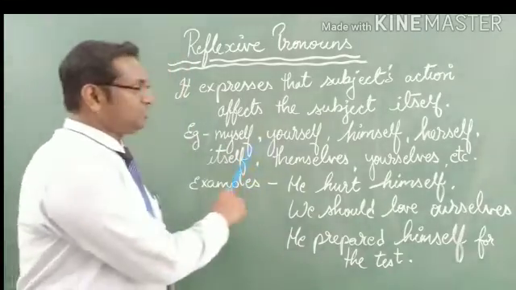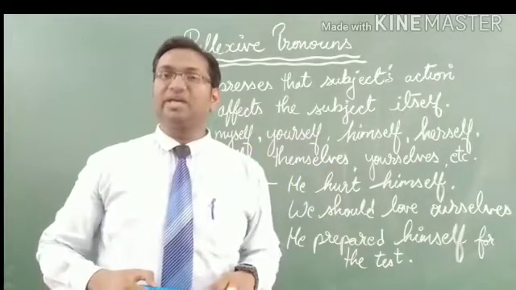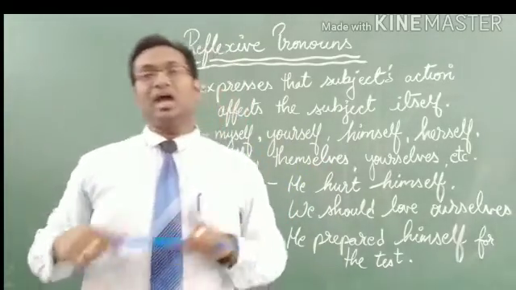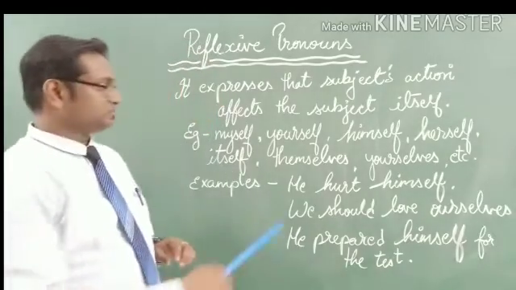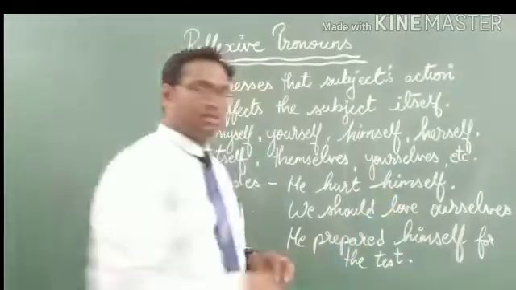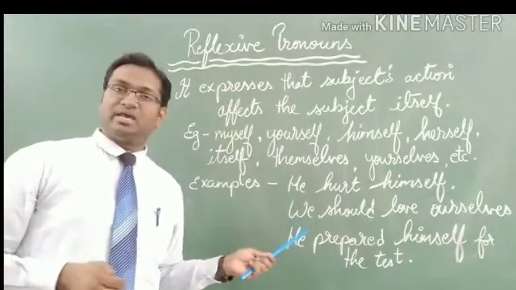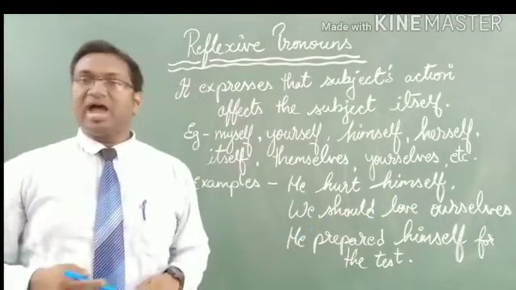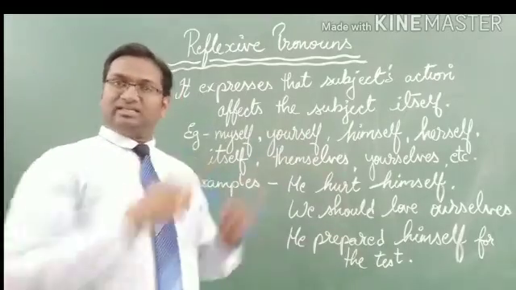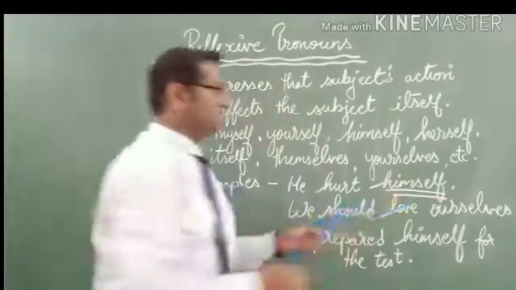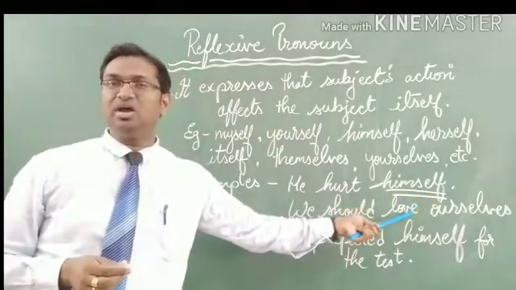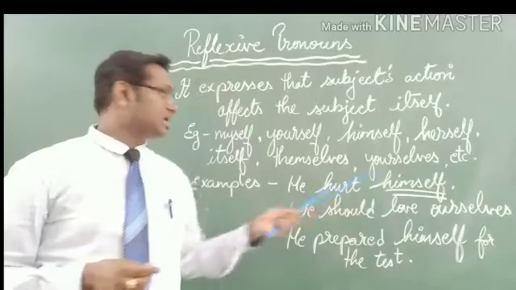So self and selves are used for singular and plural. Now let's see the examples. He hurt himself. Now over here he is doing the action, and the result is coming back to him only. So himself, he hurt himself. So himself over here is your reflexive pronoun.